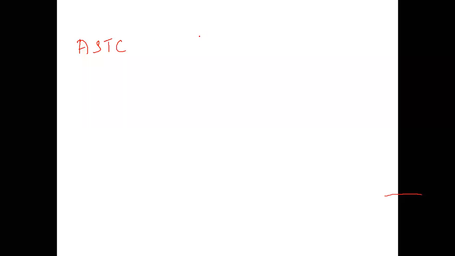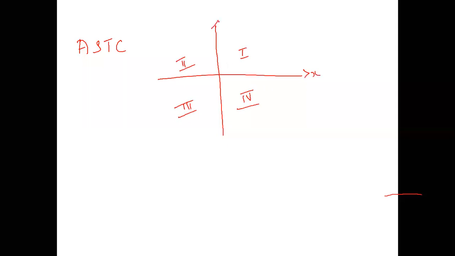Okay, fine. So that ASTC rule was for the quadrants, correct? We had the first quadrant, second quadrant, third quadrant, and fourth quadrant. Here it is x, y, minus x, and minus y. So A, S, T, C. In the first quadrant, ASTC says all the trigonometric functions are positive.